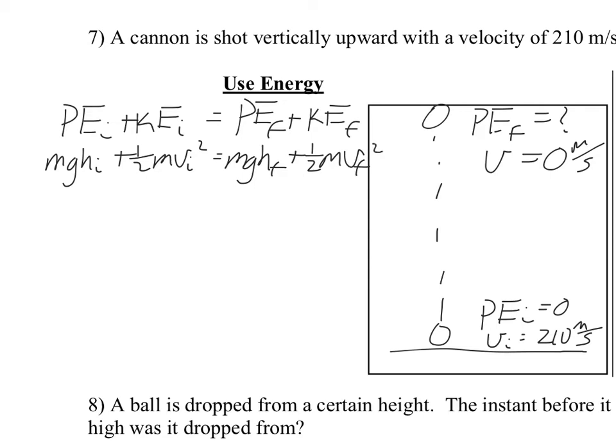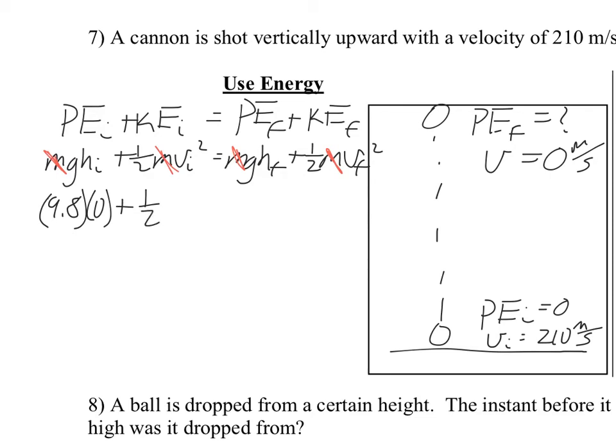You'll notice a really important idea with conservation of energy: frequently you can cancel out all of the masses. We have mass in every term here, so they all cancel out. Now plugging in what we know, at our initial position, I'm going to leave the units out. Our g value is 9.8, our height is 0. We already said that term would be 0.